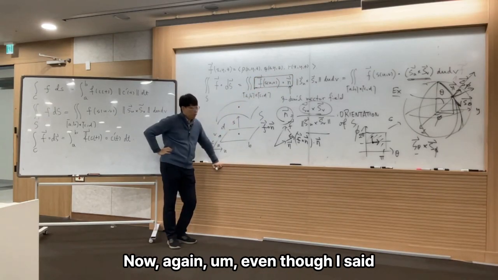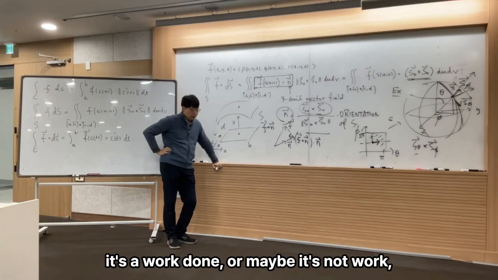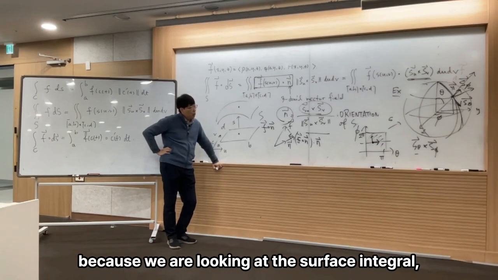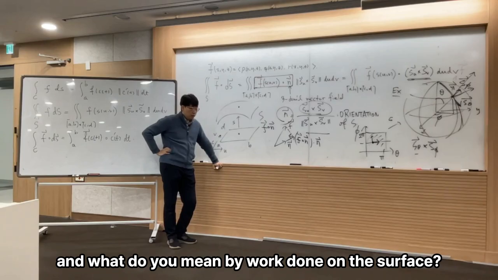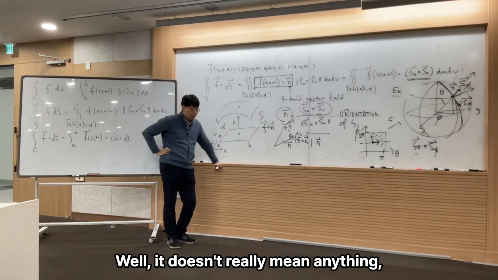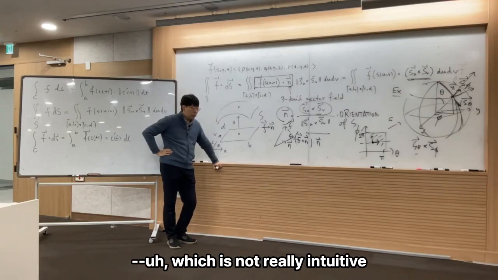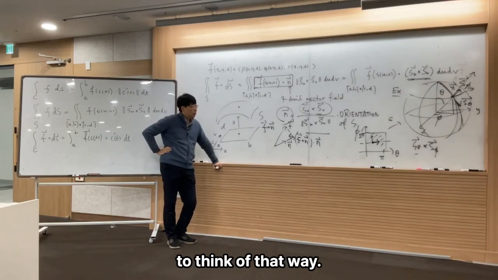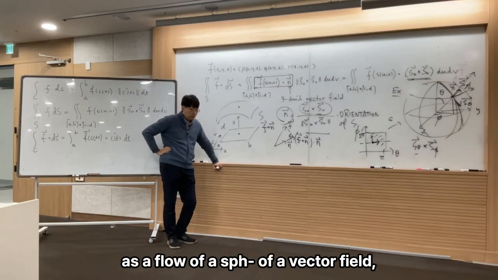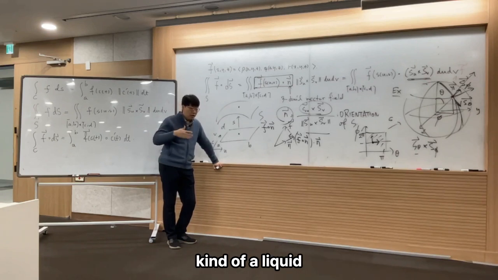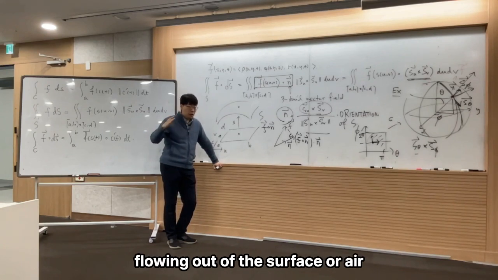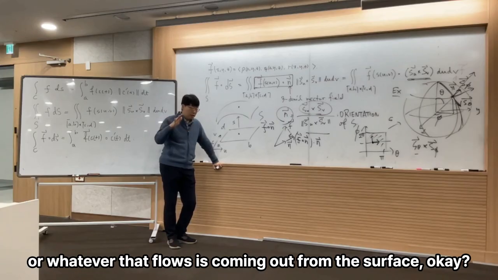Now, even though I said it's work done, maybe it's not work, because we're looking at the surface integral. And what do you mean by work done on the surface? It doesn't really mean anything, so it's not really intuitive to think of it that way. So let's think about this as a flow of a vector field, kind of a liquid flowing out of the surface, or air or whatever is coming out from the surface.